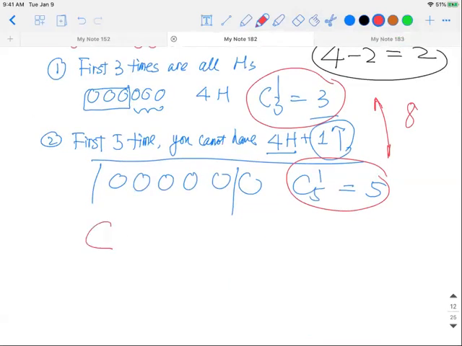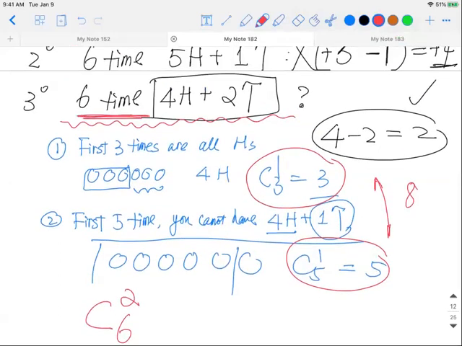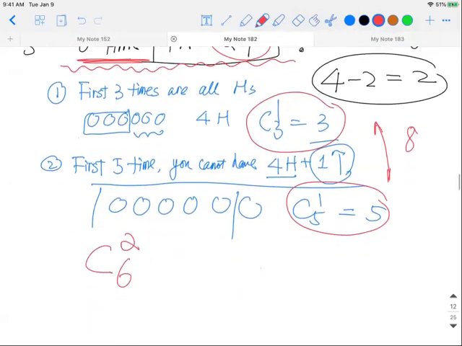In total, you have what? 6 times 2 tails, C6,2. Pick up 2 tails from the 6 times. You subtract this 8 like this mission impossible, right? So the remaining will be your total possible scenarios. So that's actually 7 scenarios.